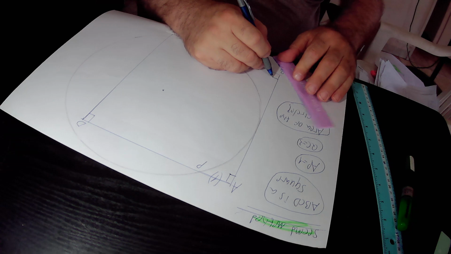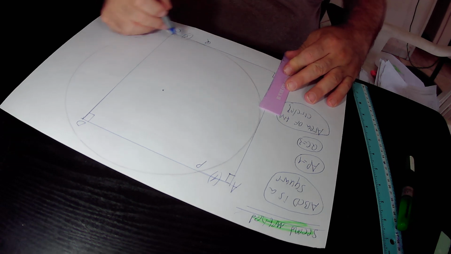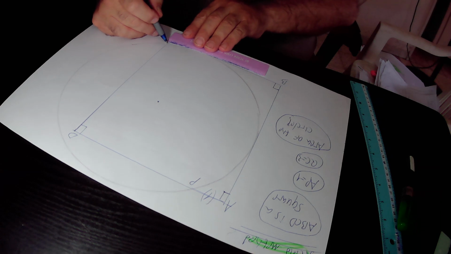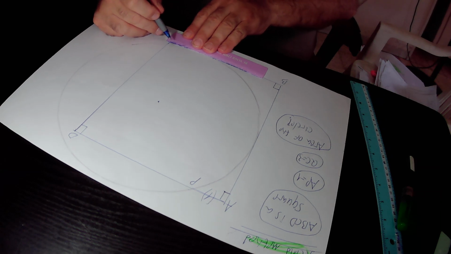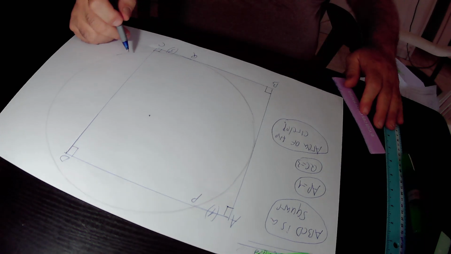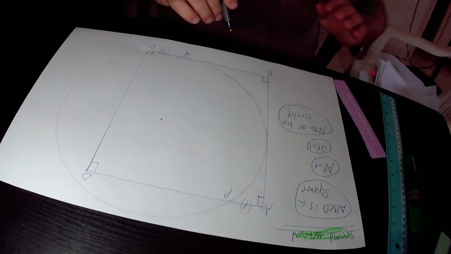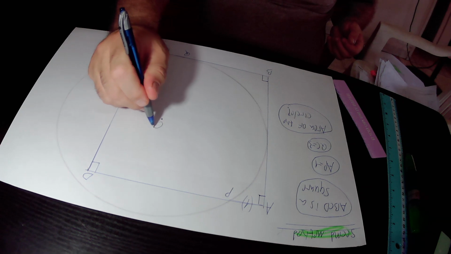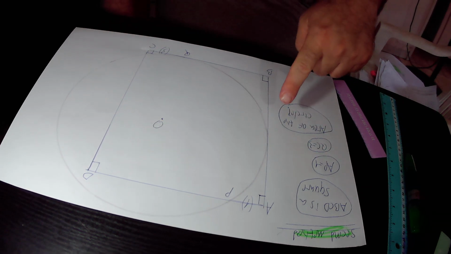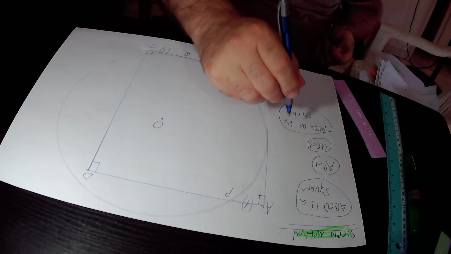This is a right angle. And this is also a right angle. In the next step, we define the center of this circle. This point is point O. We define the point of tangency of this tangent AB with this circle. This point is point S.